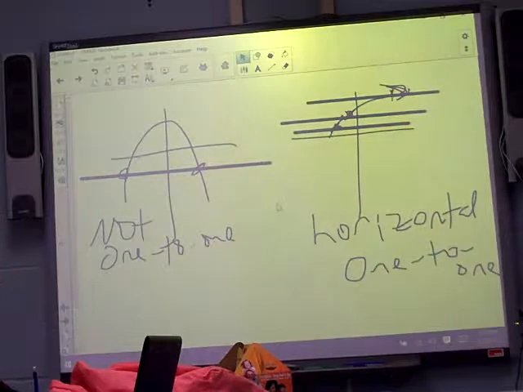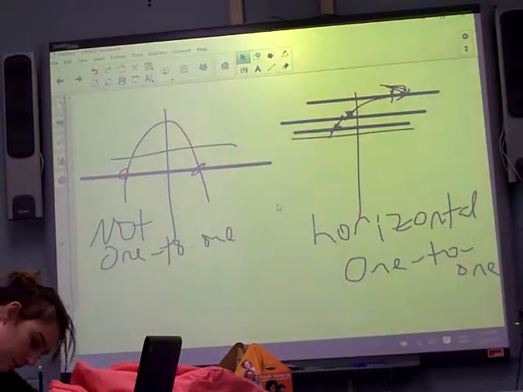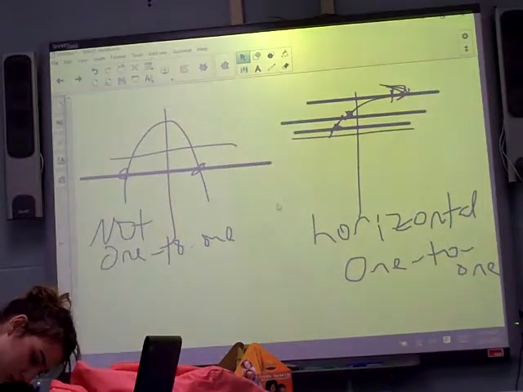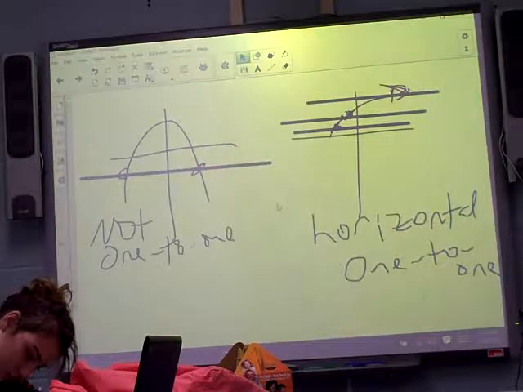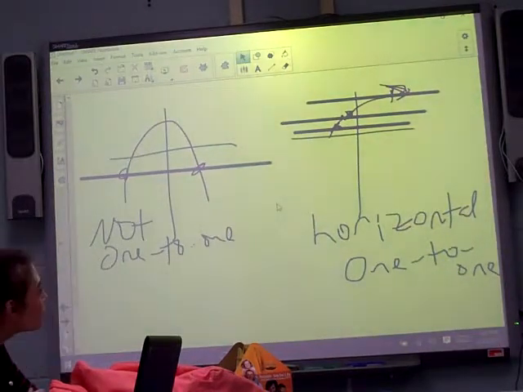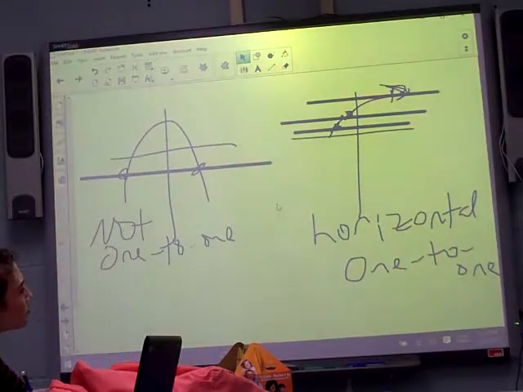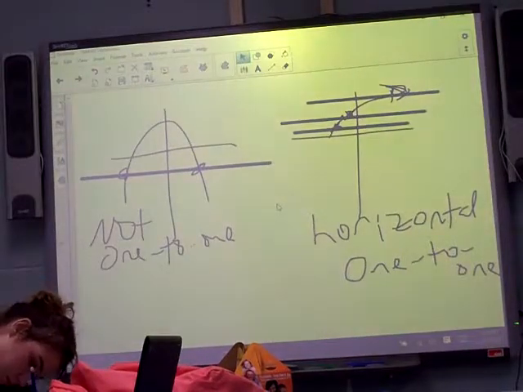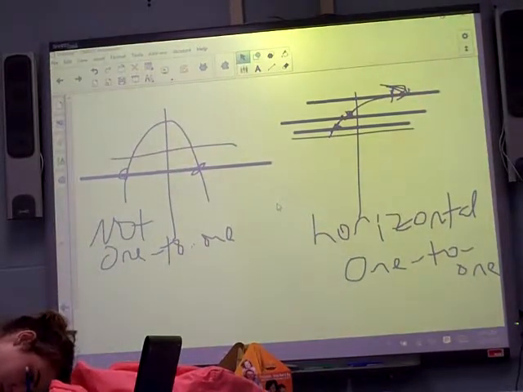How many times is it touching there? One. Very good, Kaylee. What we have to understand about a lot of our graphs is that sometimes they appear to level off, but we know from when we labeled domain and range that it is going to keep inching upwards, right? So it's not going to hit the horizontal line more than once. So yes, that one is one-to-one.